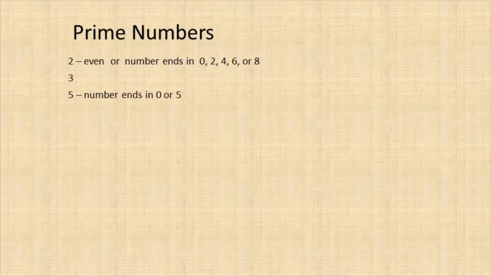But is there anything else that we know? Is there any other special way of knowing, for example, whether or not something is divisible by 3? That would be nice. And in fact, there is a way to know whether something is divisible by 3.